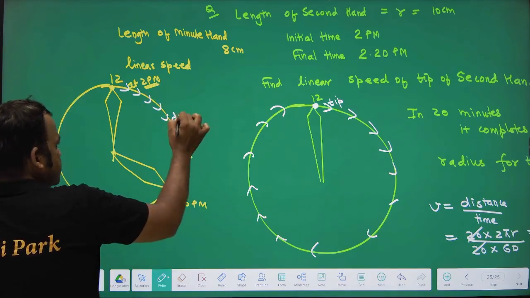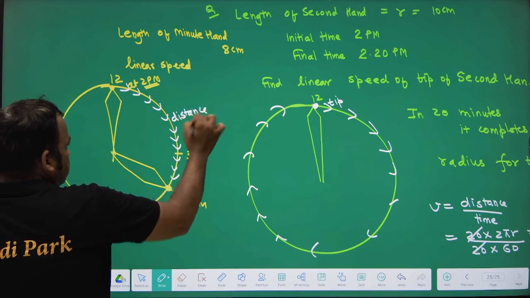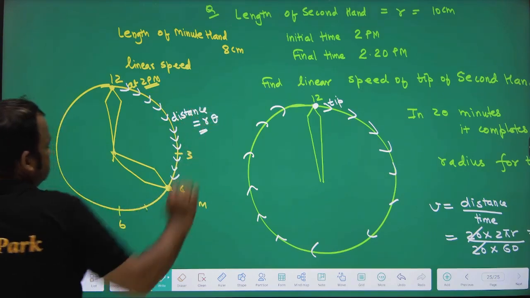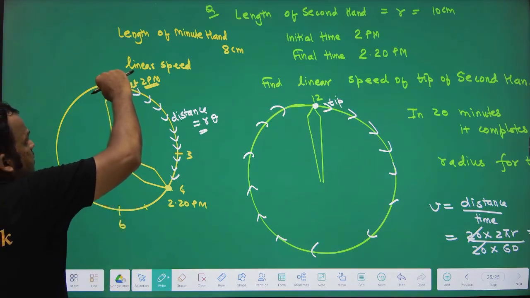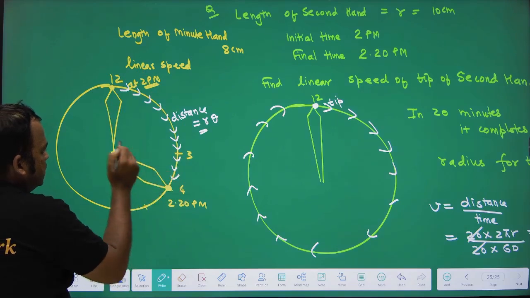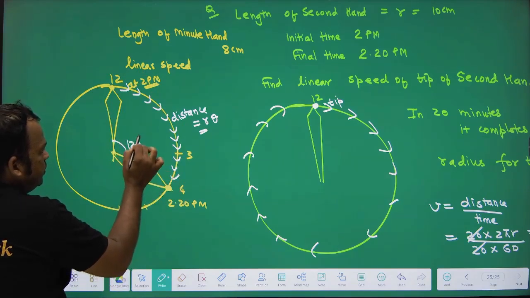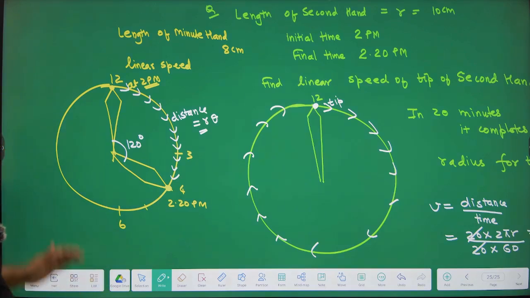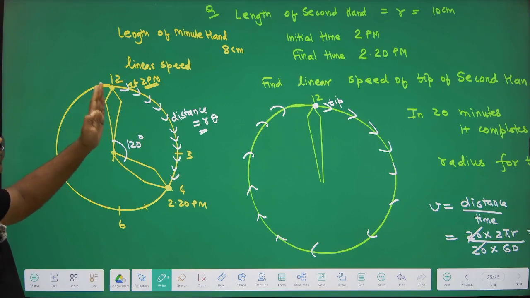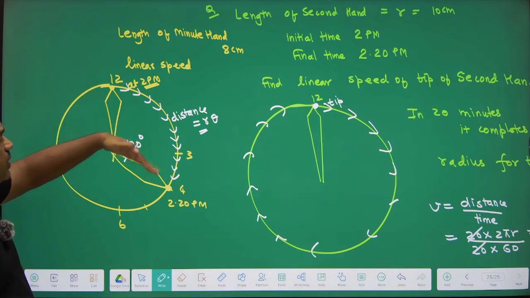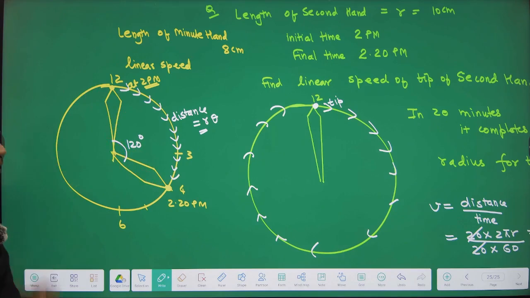So the distance covered will be equal to r theta. Now we know that when it is going from 12 to 4, the angle covered will be 120 degree, because every 15 minute it is going 90 degree. So every 5 minute it is going 30 degree. So every 20 minute it is going 120 degree.